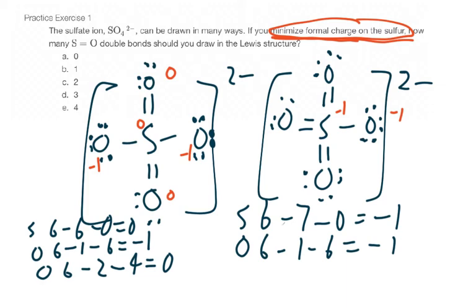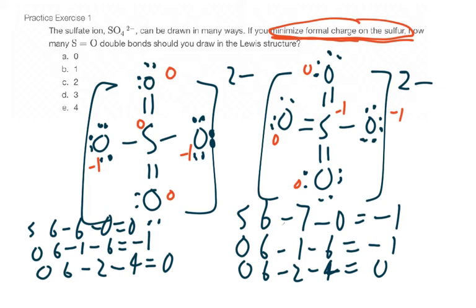And then the ones with the double bond, you've got 6 minus 2 sticks minus 4 dots. Those oxygens will have 0 here, 0 here, 0 here. Okay, so right now when you look, if we were to put another double bond, you'll see that the sulfur will have a -2.